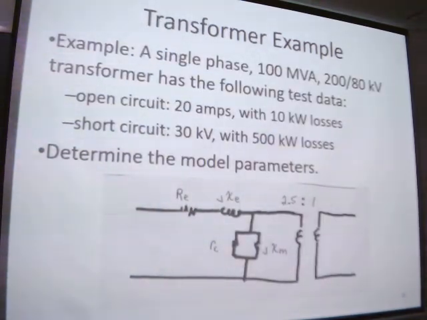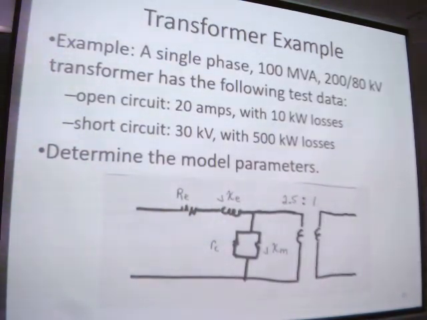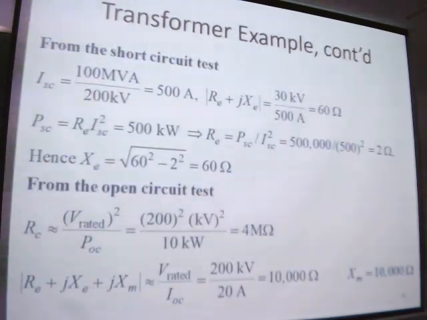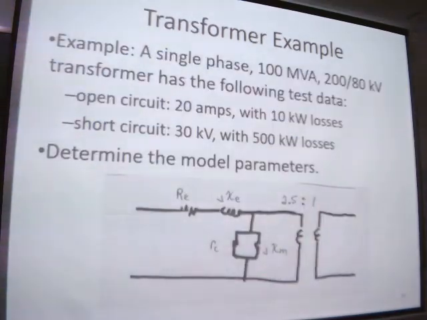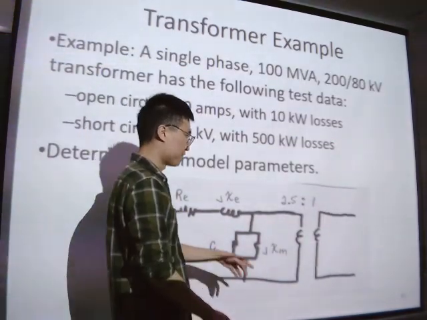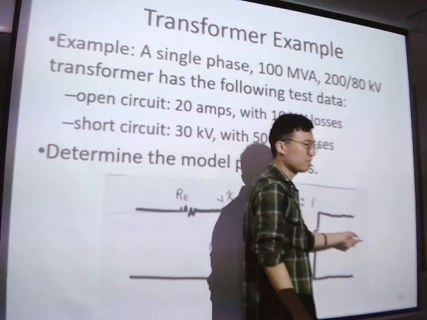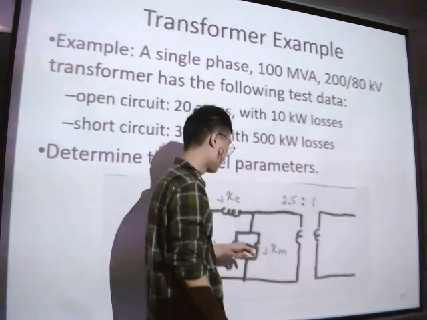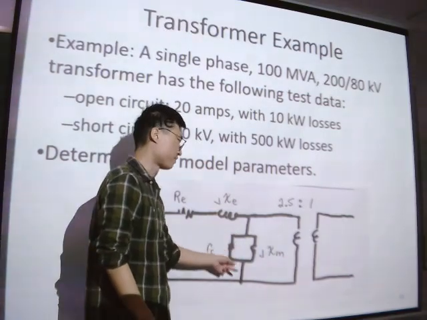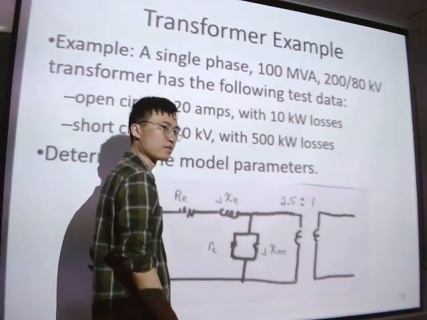And for the open circuit, we will have the 10 kilowatt losses and 20 amperes. So in this case, we need to use some approximation, okay? So for the RC, because it's the open circuit, there's no current, so every current should flow through this, okay?